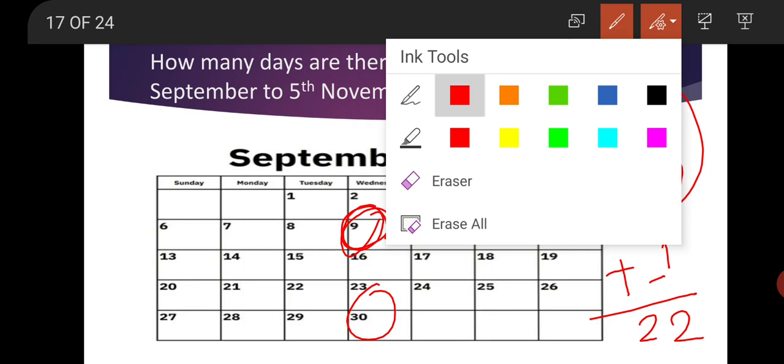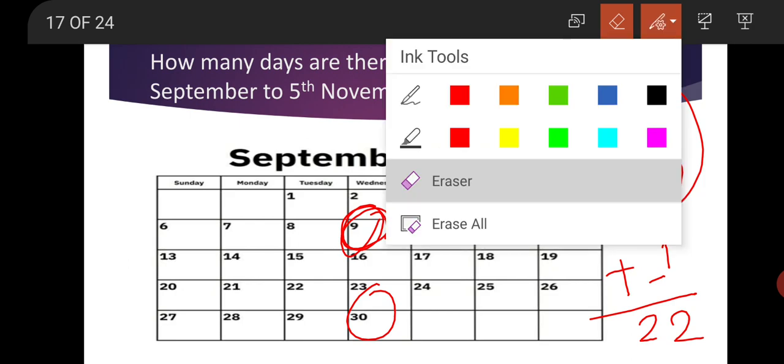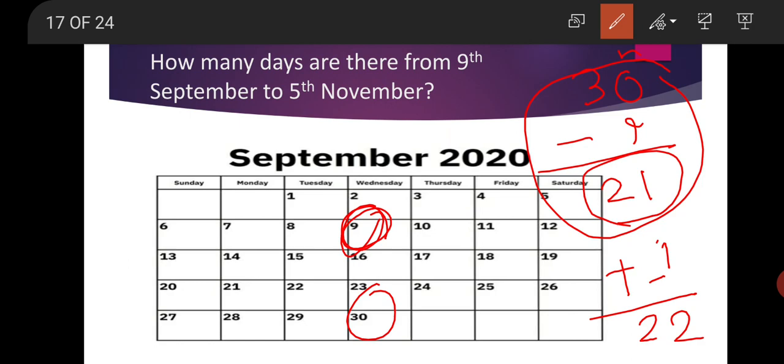But here, what do I say? Here I say the number of days from 9th September to 30th September, that is why you have to add another 1 after subtraction.